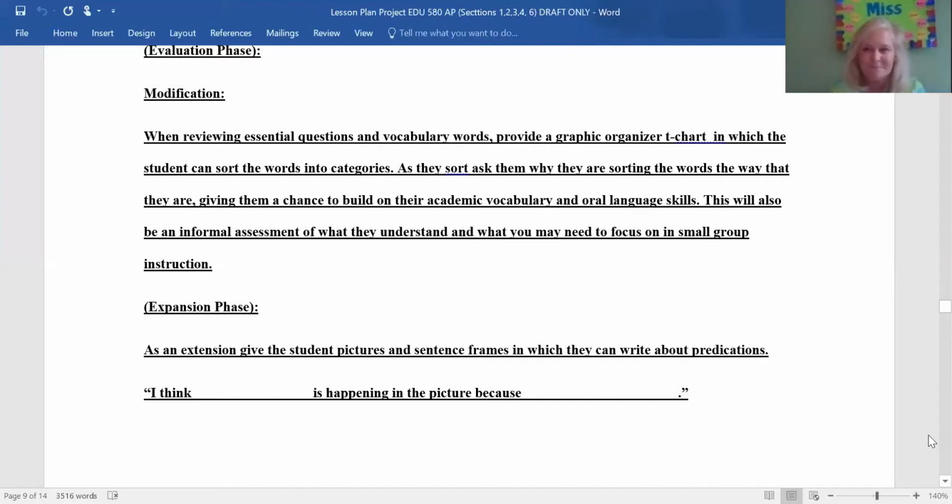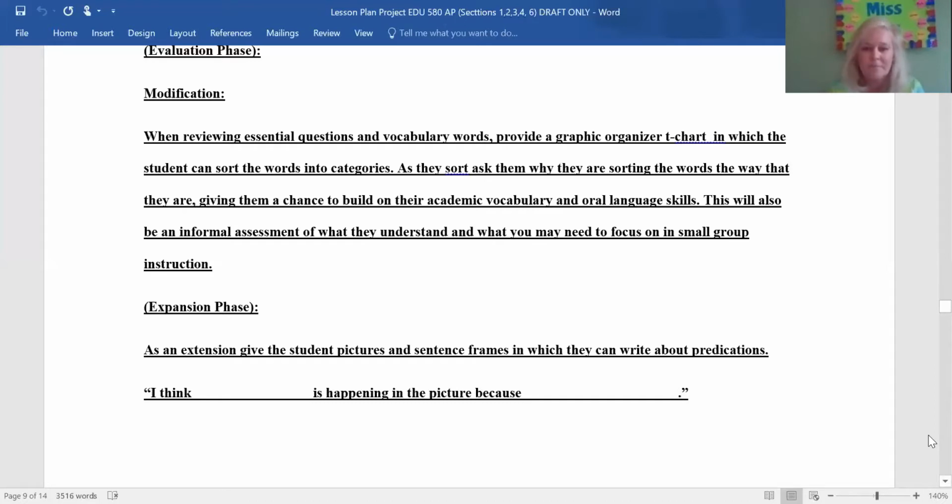So kind of helping him make predictions, because I know making predictions was a difficult skill for him. So an extension phase is just basically an extension activity for him that he could use in a small group or in his time with you or with other students.